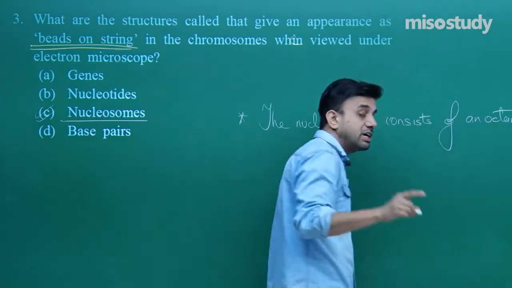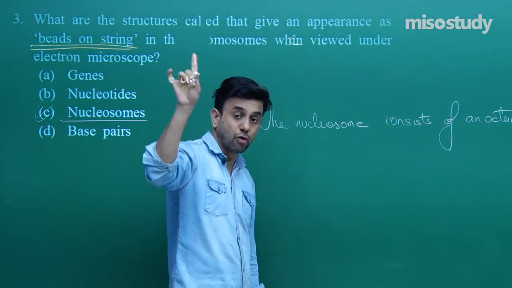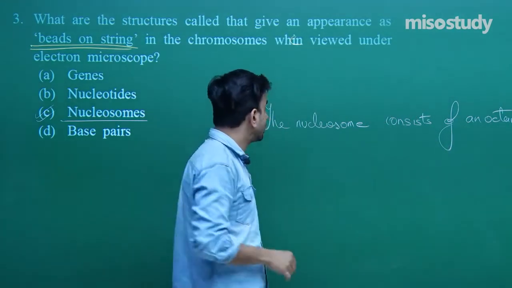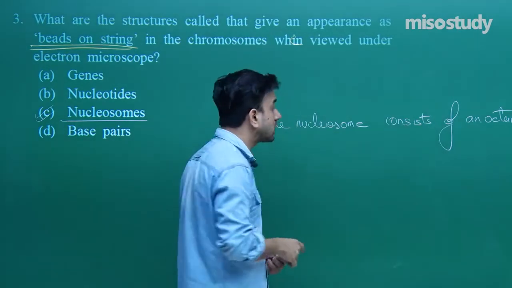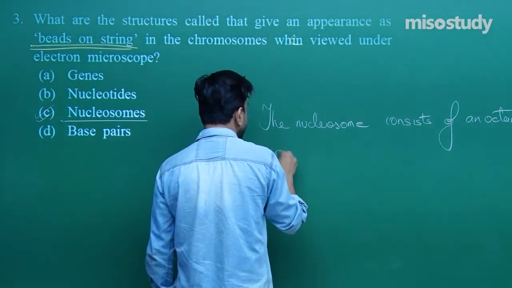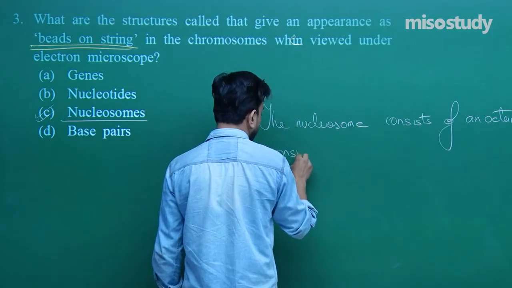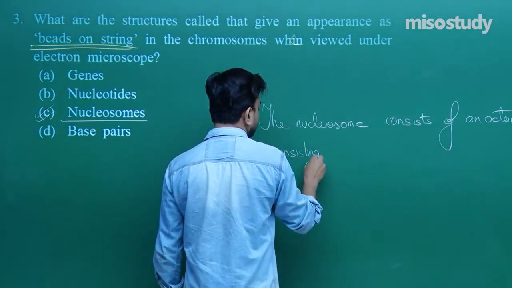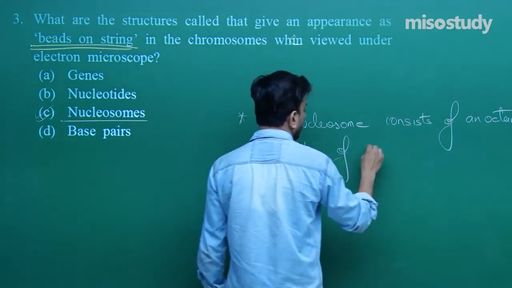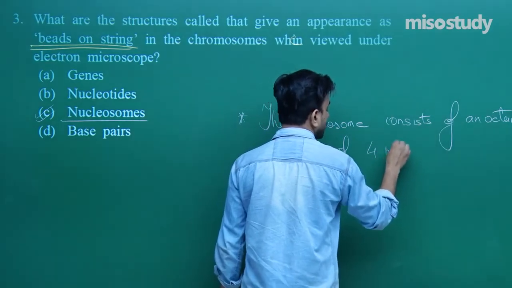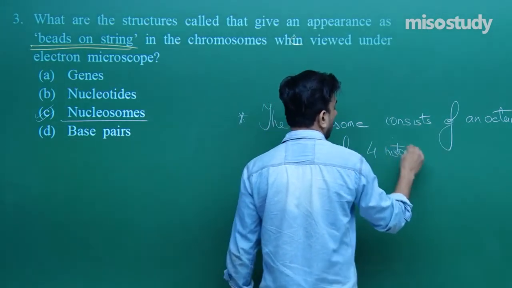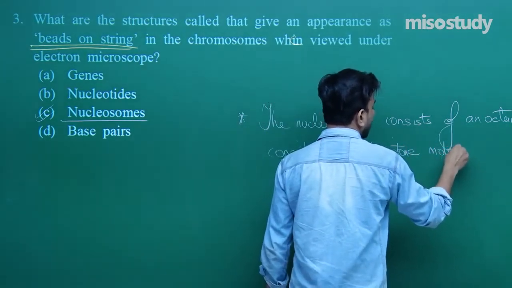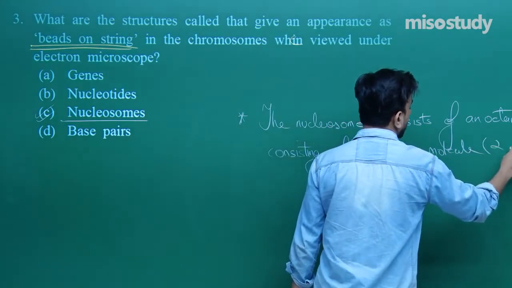Because two molecules each of the 4 histone molecule types, that makes an octamer.